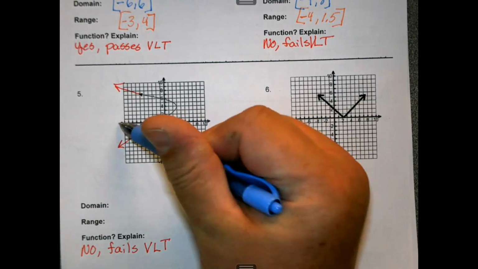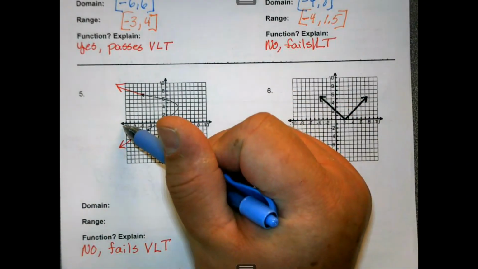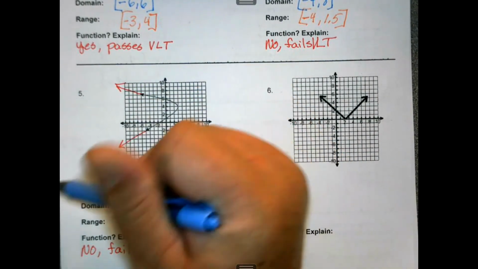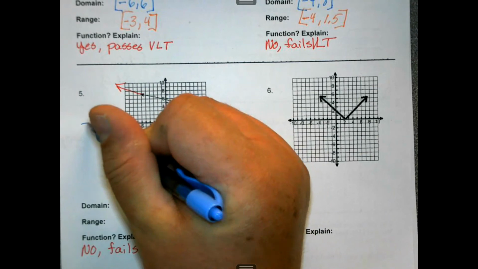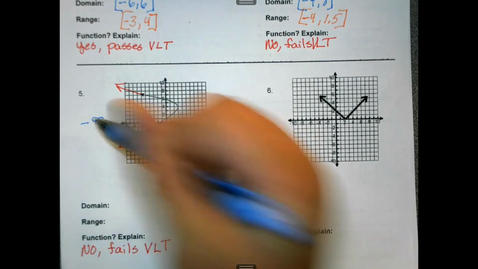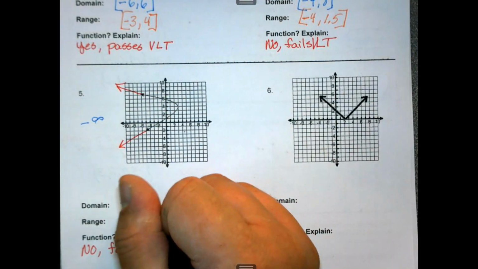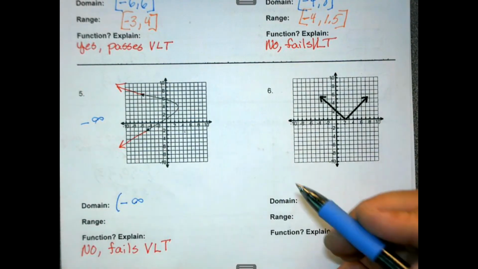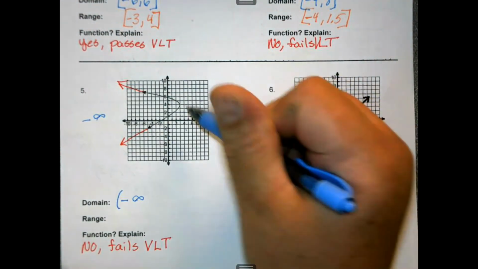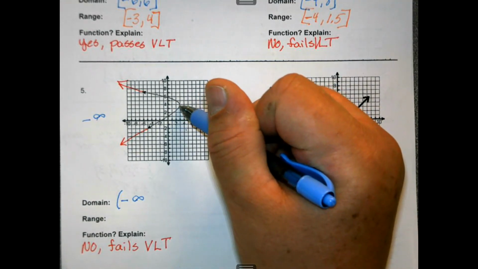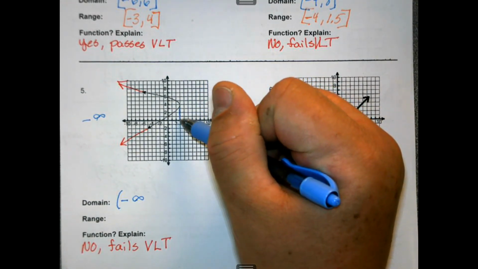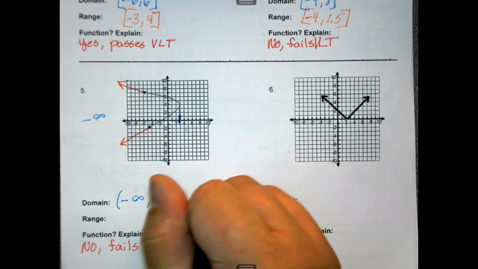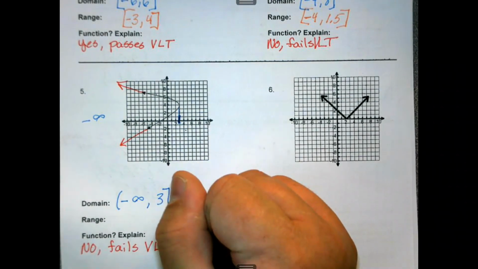So I'm looking at just the x values for the domain. Now these are going to the left forever and ever out to negative infinity, right? So I have negative infinity, always gets a parenthesis, but it does stop here. Let's see, it looks like 3. And I'm going to say it includes the point 3.